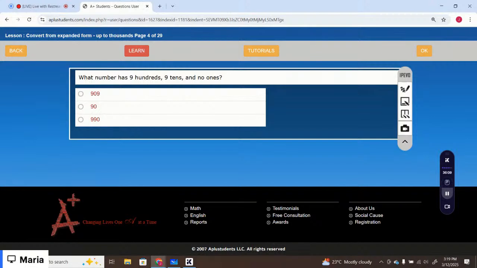What number has 900s, 9 tens, and no ones? That is 990. Option number 3 is the correct option.